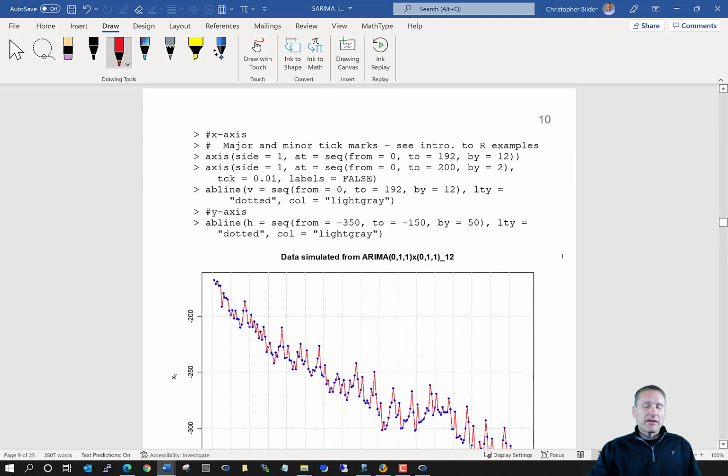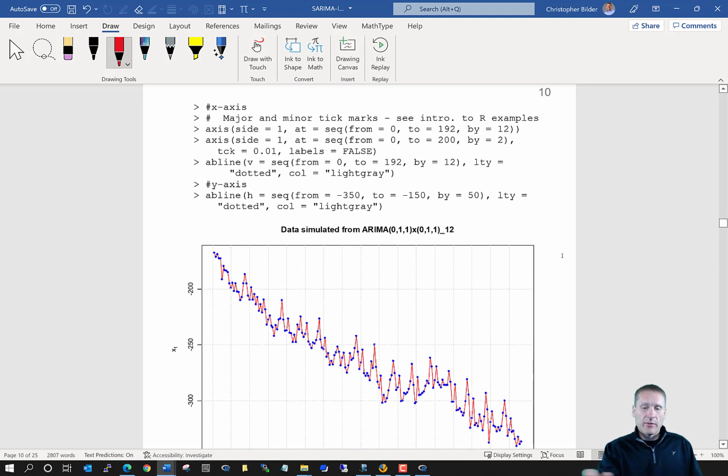And now I'm going to make this x-axis the way that I want it to be. So with the axis function, side equal 1 tells R we're going to do the normal, where we normally have labels on the x-axis. That's what R refers to as side 1. And then I want tick marks at a sequence of numbers from 0 to 192, and we're going to go by 12. The reason being is because we have a season of 12.